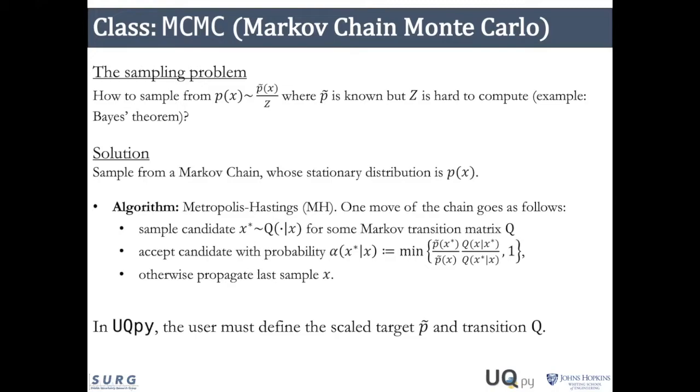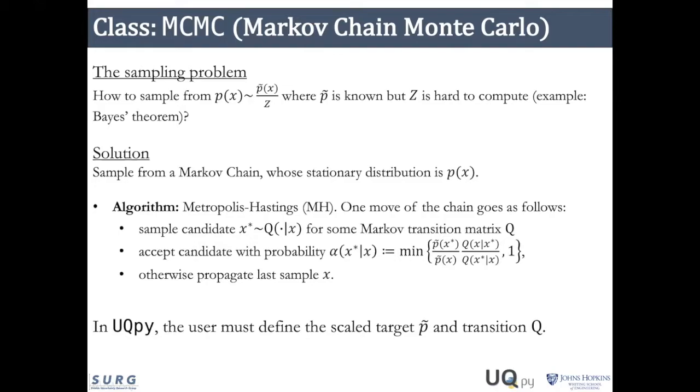So either you accept a candidate X star or you propagate the previous sample X. And the idea is that you iterate this step and you end up with a set of samples that are distributed according to the target distribution P.